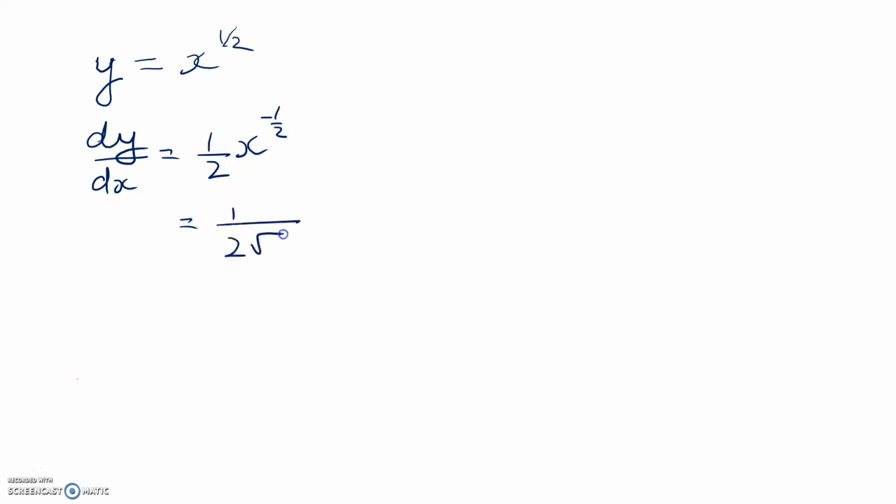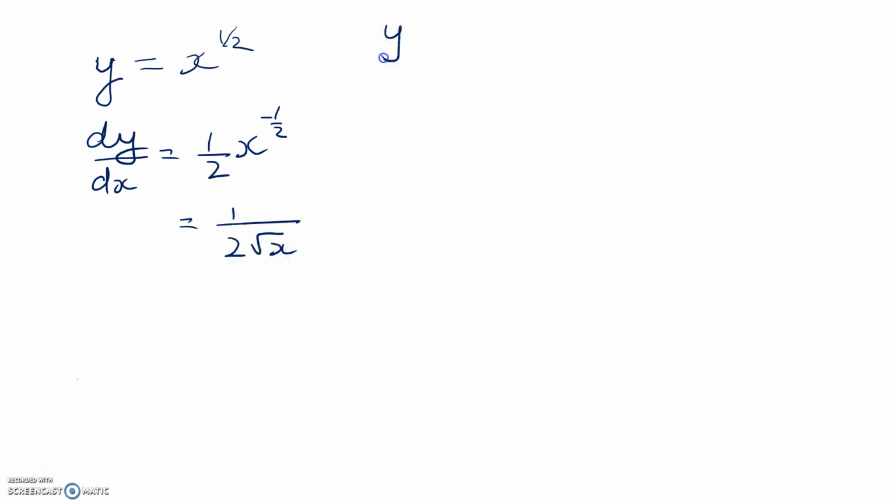There's some strange things happening when I touch things on the screen. So y is equal to x to the power of a half. dy by dx is 1/2 x to the negative half, which is 1 over 2 root x.